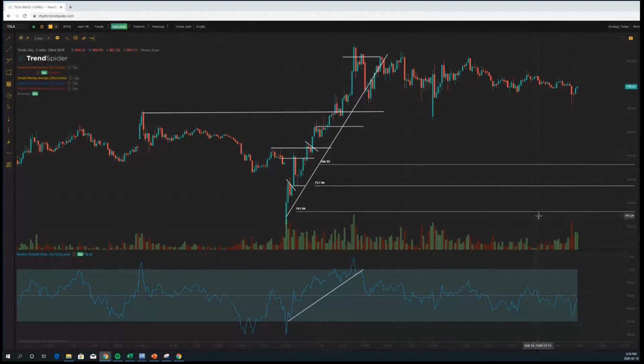Makes sense. Dan asks, what do you think of IB's charting versus TrendSpider's? I don't even chart in Interactive Brokers at all. I haven't linked to a third-party software.